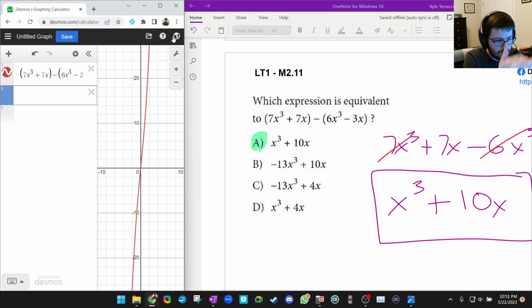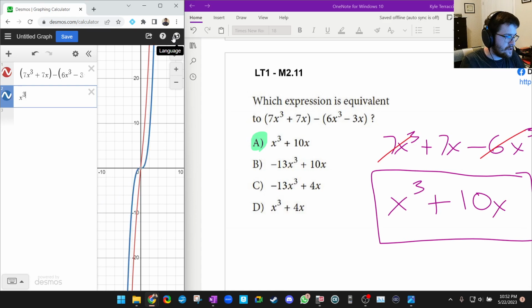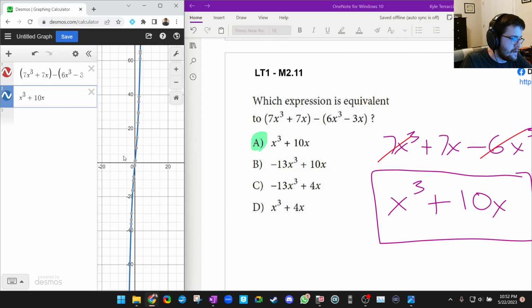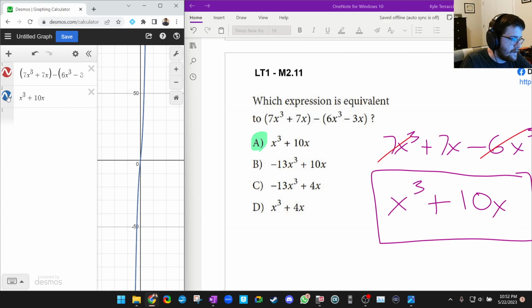And then you go through and type in all of them, and whichever one looks exactly the same as that is the answer. I'm not going to go through all of them. Let me just do the first one. So x cubed plus 10x. Ta-da! See how if I unhighlight and then rehighlight it, see how it perfectly replaces it? If you type in one of those other ones, that's not going to happen. So that'll tell you it's wrong.